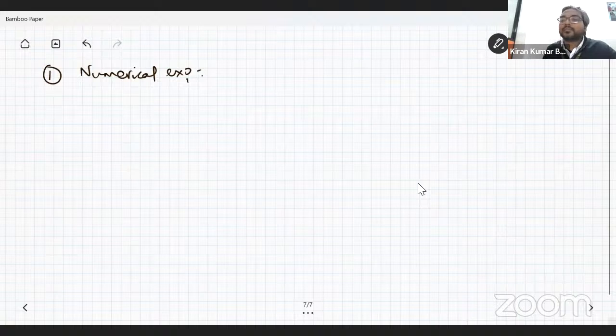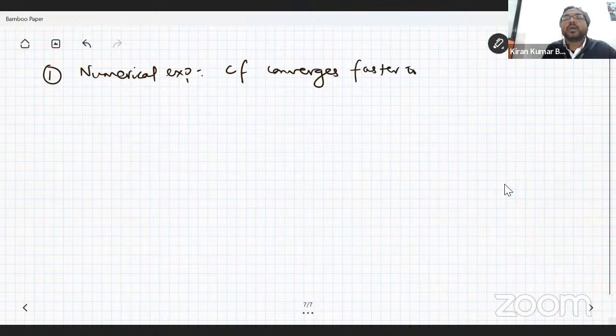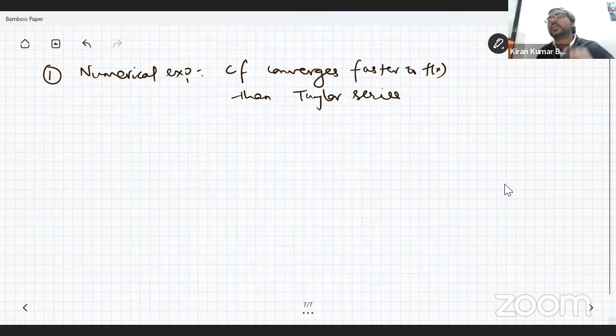They suggest that continued fraction converges faster to f(x) than Taylor series, right? So the rational approximants that one gets by continued fraction converge faster to f(x) for a particular value of x than the polynomial approximants that we obtain from Taylor series.